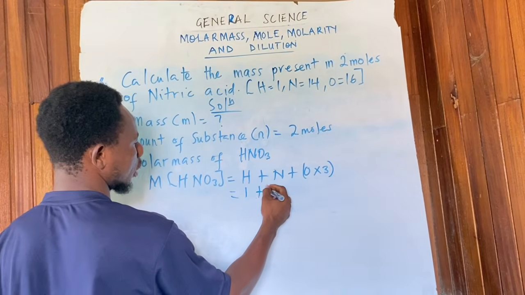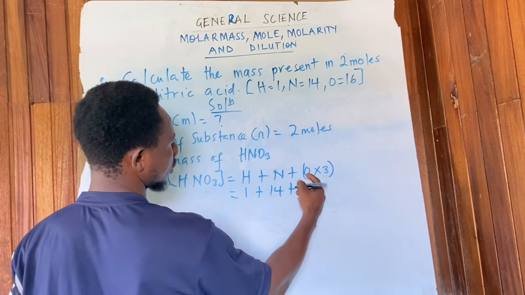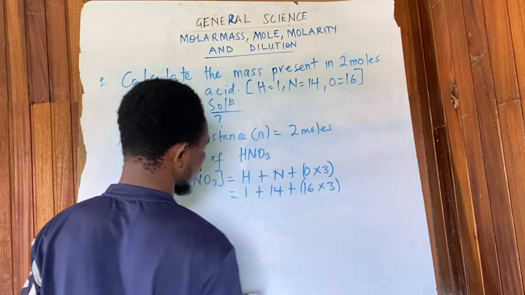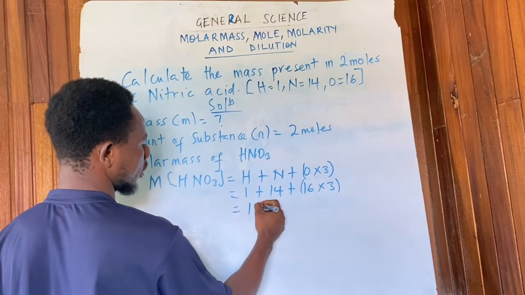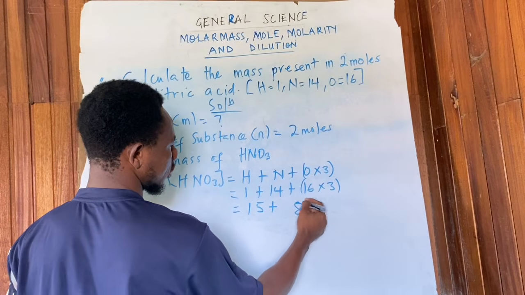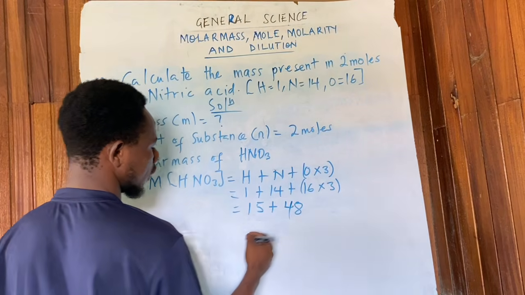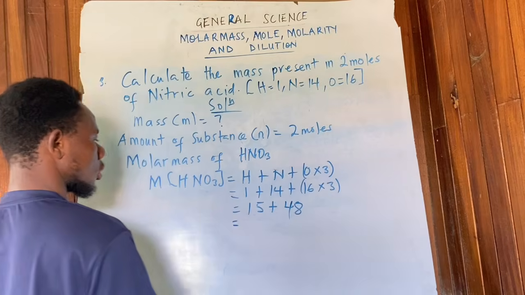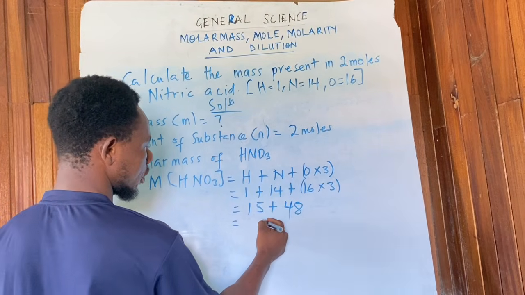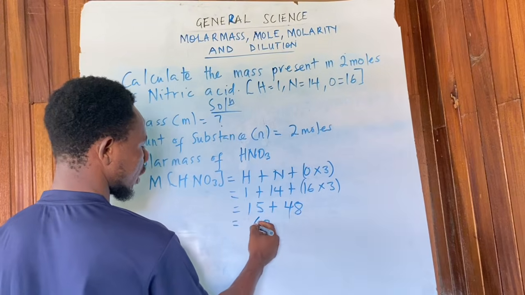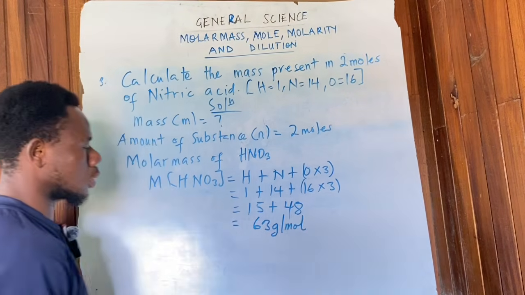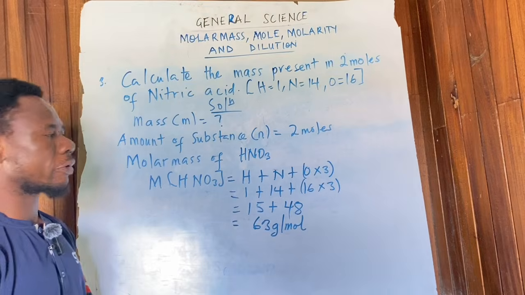Hydrogen 1, nitrogen 14 plus oxygen 16 times 3. So it's 15 plus 48, 63 grams per mole. So our molar mass is 63 grams per mole.